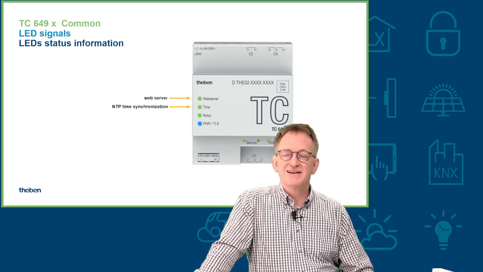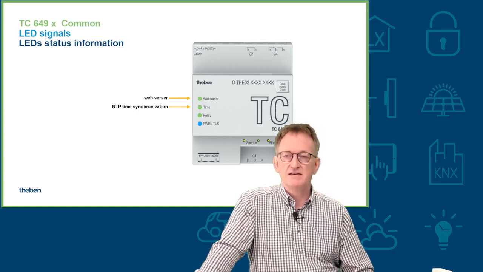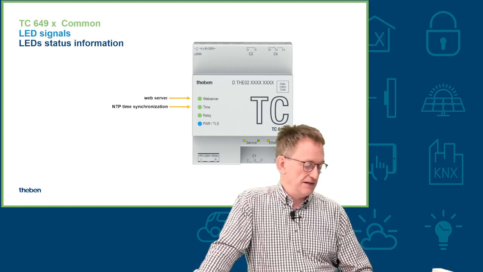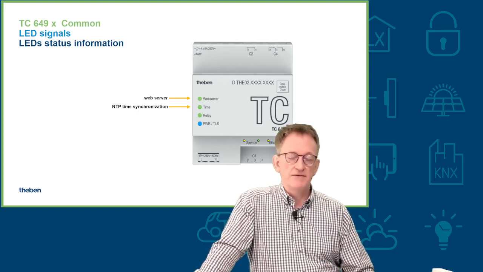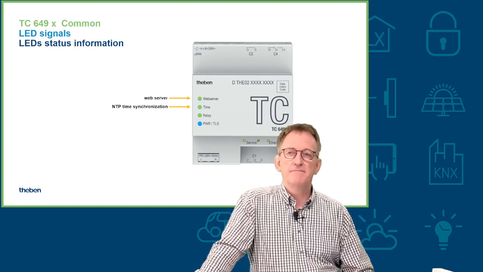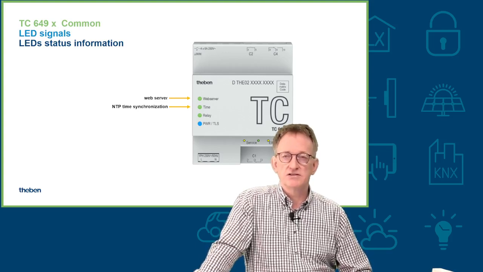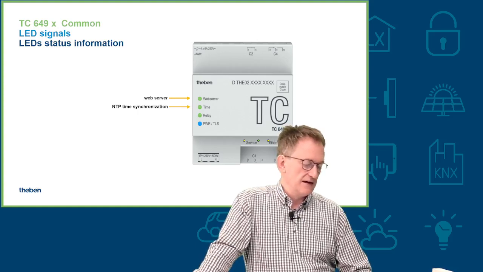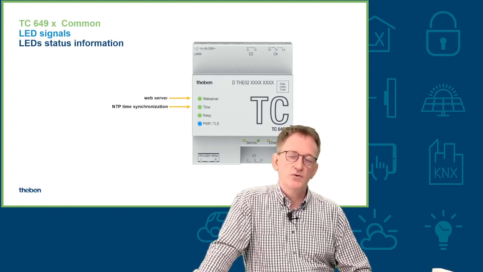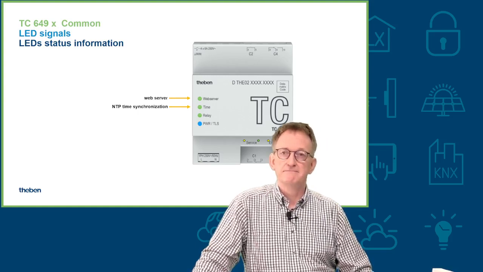In most company intranets, they have an NTP time server running. You just have to know that IP address. You enter the IP address, and then it will work. But there are also time services available in the public internet, which you can use as well.